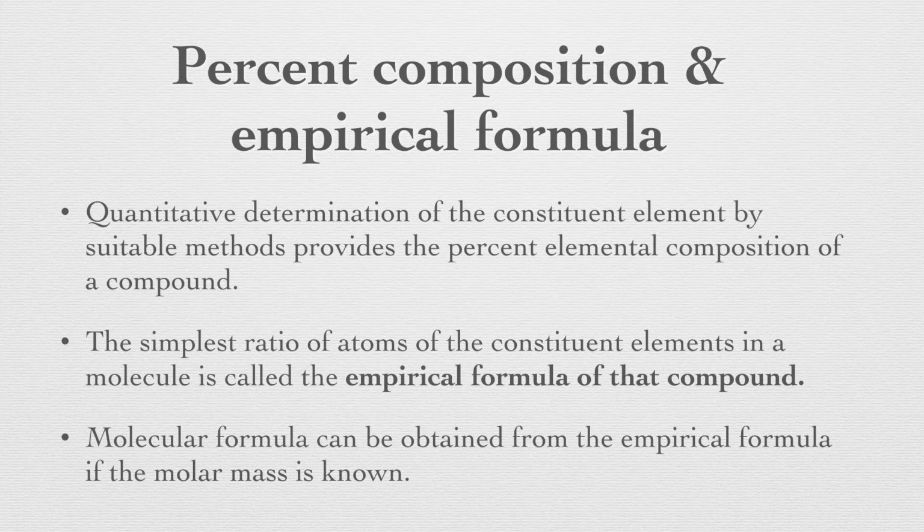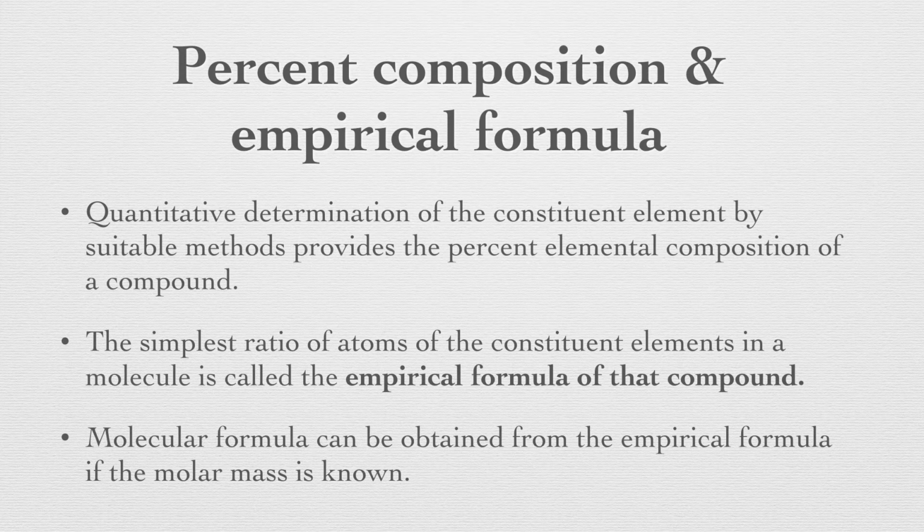When quantitative determination of the constituent elements is done by suitable methods, it provides the percent elemental composition of a compound. That means if we know the quantity of each element in the compound, we can find the percentage of the elemental composition.